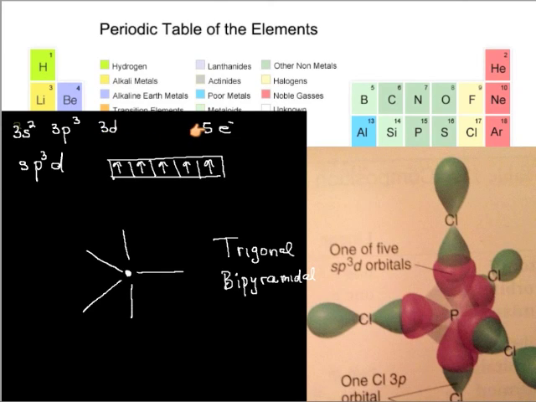So if it has 5 electrons, unlike oxygen, it can pull out d orbitals so that it can accommodate all 5 electrons. So the 1s, 3p, and 1d gives us altogether 3 plus 1 plus 1 is 5 orbitals altogether, and this is the 5 hybrid orbitals. So this is the sp3d, let's just say, hybrid.